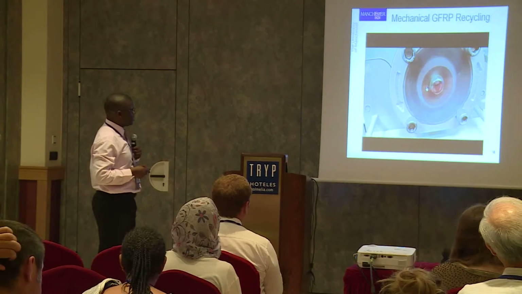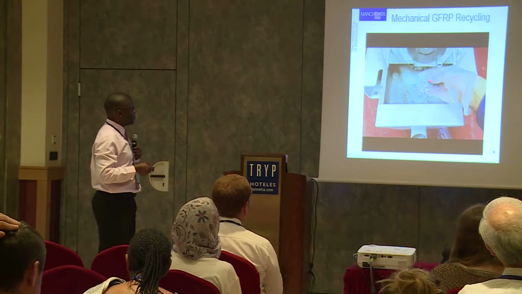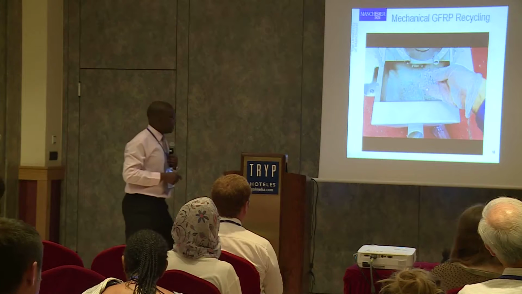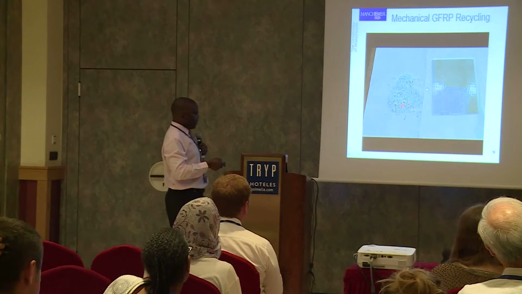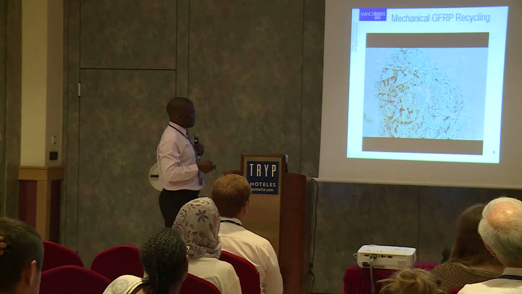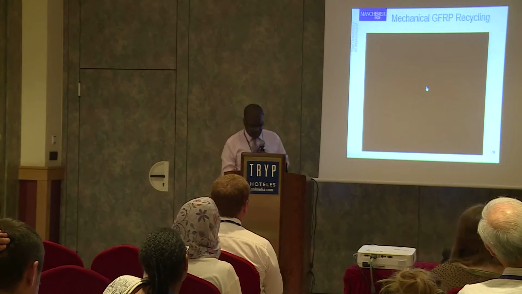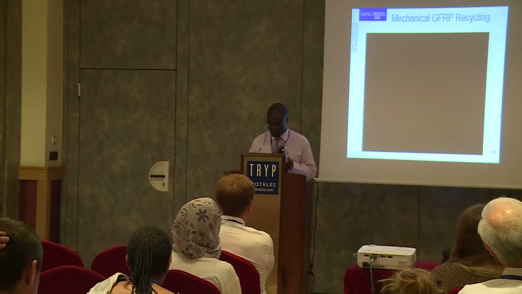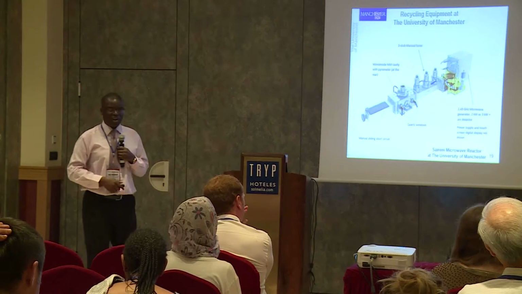Unfortunately, it's not updating as fast as it should. And then I'll end up with a range of reduced size materials. And this is the original one, the final product. And I can have different sizes here. So you can already see that there's a limitation if I use the mechanical process in terms of how clean I can get the fibers.